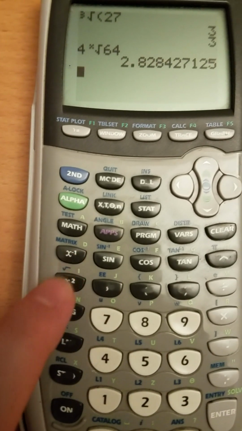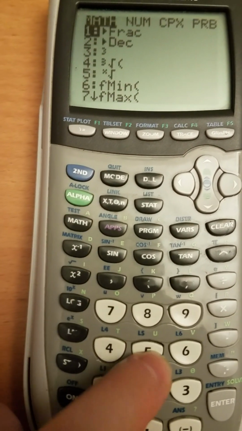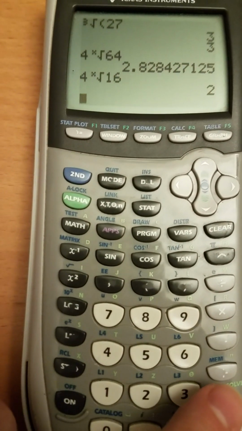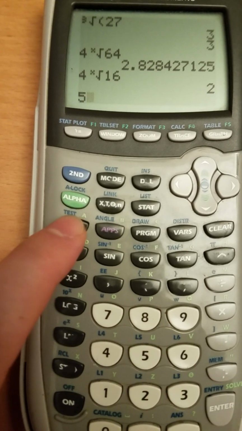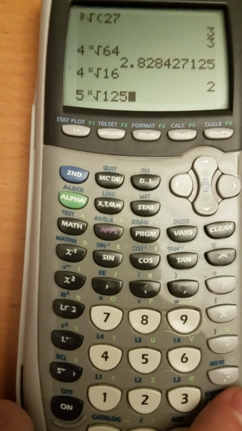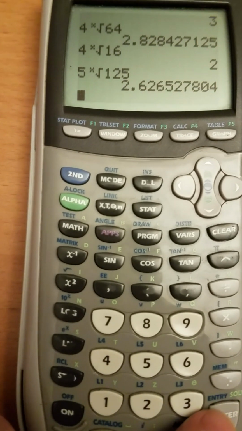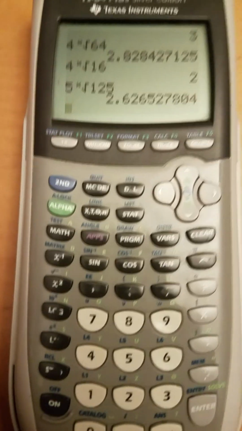If I wanted to take the fourth root of 16, I could do the same thing, and I would get 2. If I wanted to take the fifth root of 125, I could do the same thing and get this. So that's pretty much how it works.